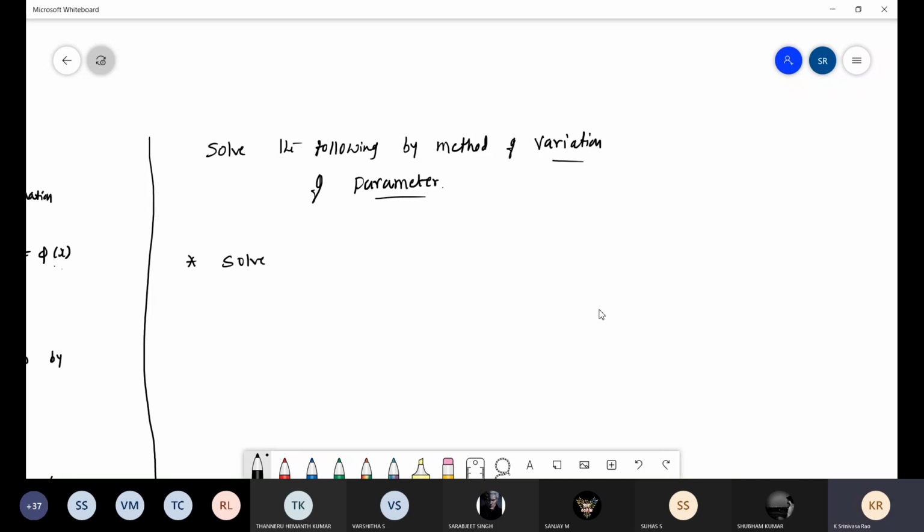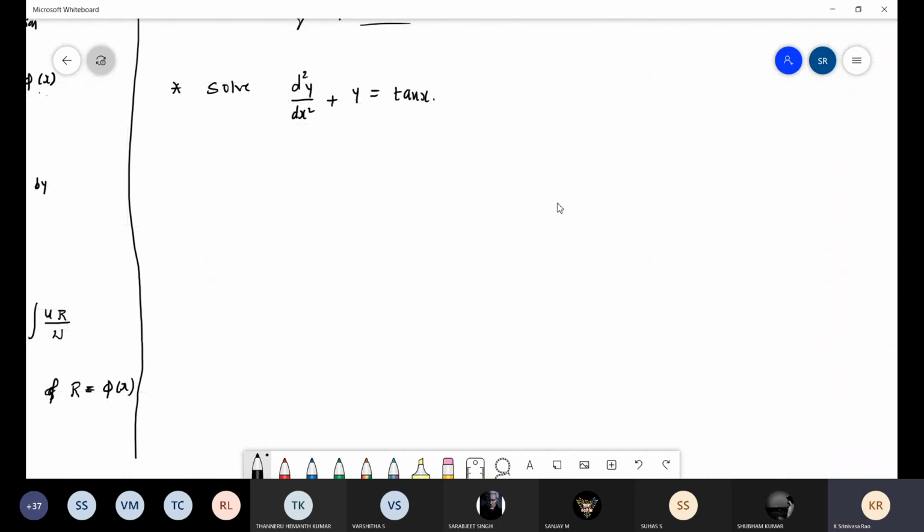Solve d square y by dx square plus y equals tan x. First consider in terms of D: D square y plus y equals tan x.